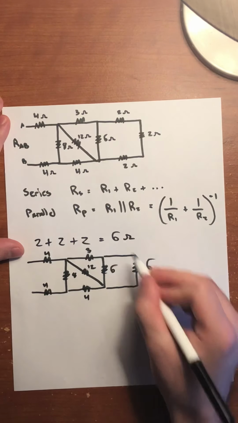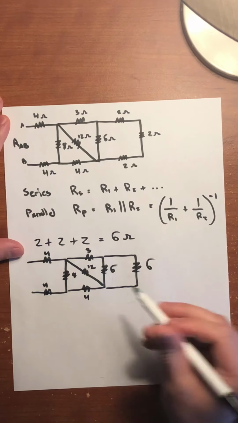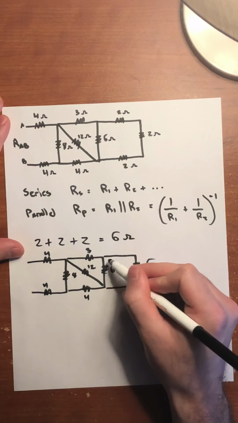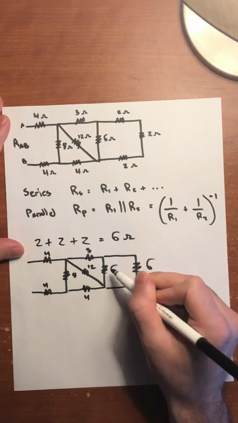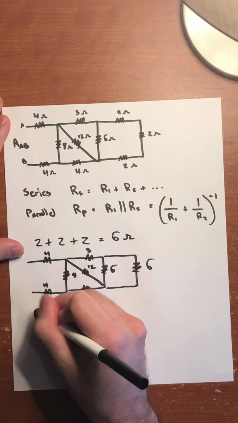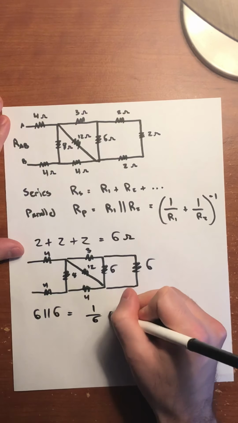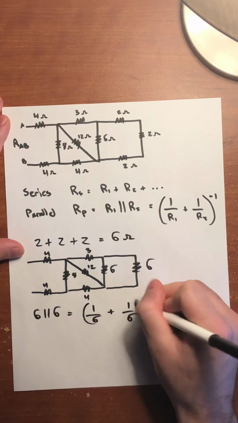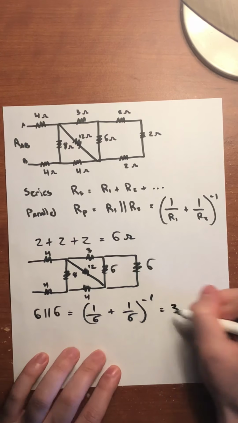We can see that these were in series, so the total is 6 ohms. Now these two resistors are in parallel. So 6 in parallel with 6 is 1 over 6 plus 1 over 6. Invert that, and that becomes 3 ohms.